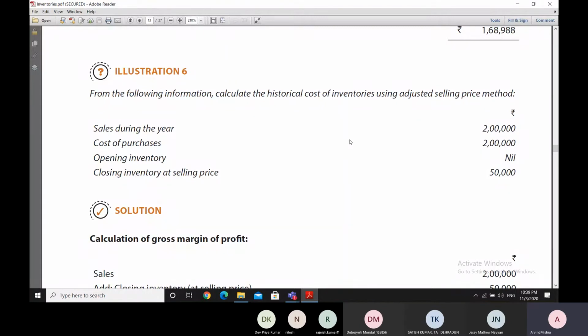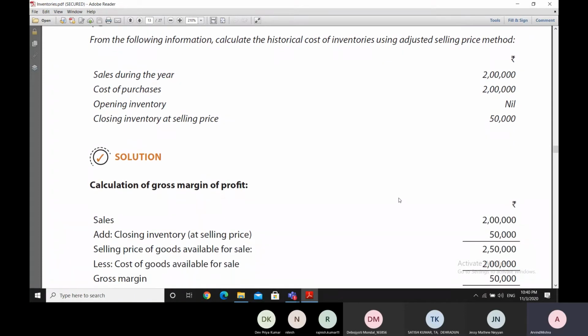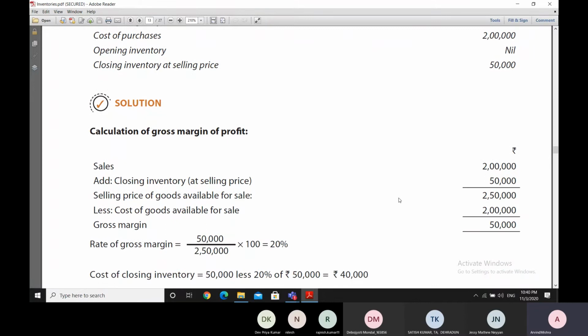So the data that we have is sales of 2 lakh, cost of purchase of 2 lakh, opening inventory nil, and closing inventory at the selling price of 50,000. So here again we take the sales and then we add the closing inventory at the selling price.